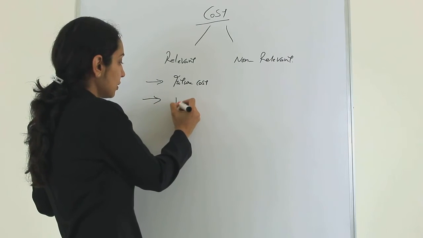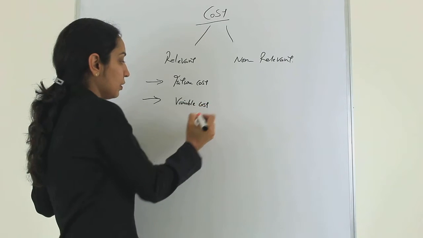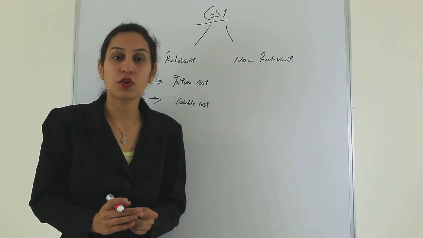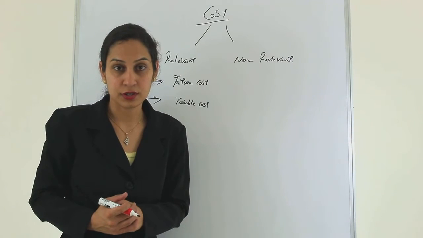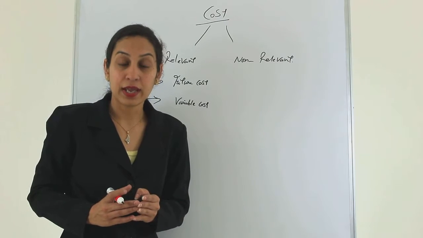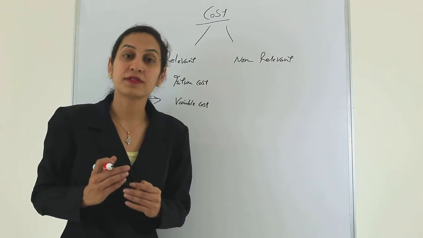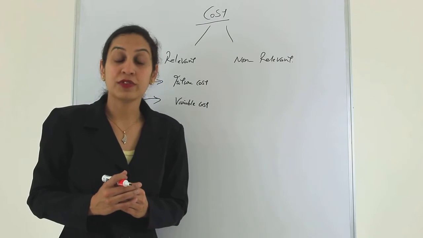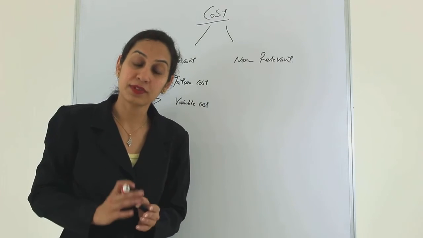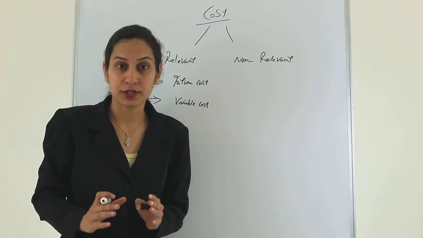The next is variable cost. It goes without saying that most variable costs change with the decision. For example, right now my company is making 100 units and they want to increase it to 100,000 units. My variable cost will change accordingly. So variable costs generally are relevant costs unless specifically mentioned in the question that this variable cost does not change.